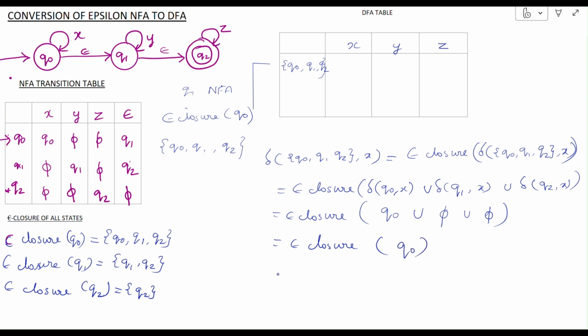So epsilon closure of Q0 is Q0, Q1, Q2. Moving to the next, Q0, Q1, Q2 on Y will be Q1, and the epsilon closure of Q1 is Q1, Q2.